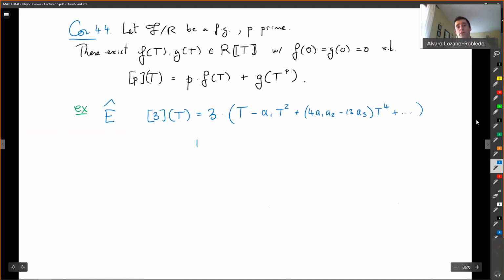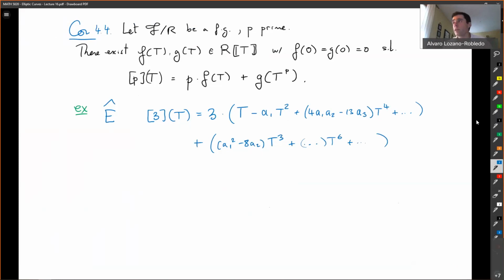Then there are the terms with t cubed, t6, t9, and so on, the ones that have a power of t cube. For example, it starts with a1 squared minus 8a2 t cube plus something in t6, and so on. You can extract that information and actually write what the f and the g are for this multiplication by 3 map.